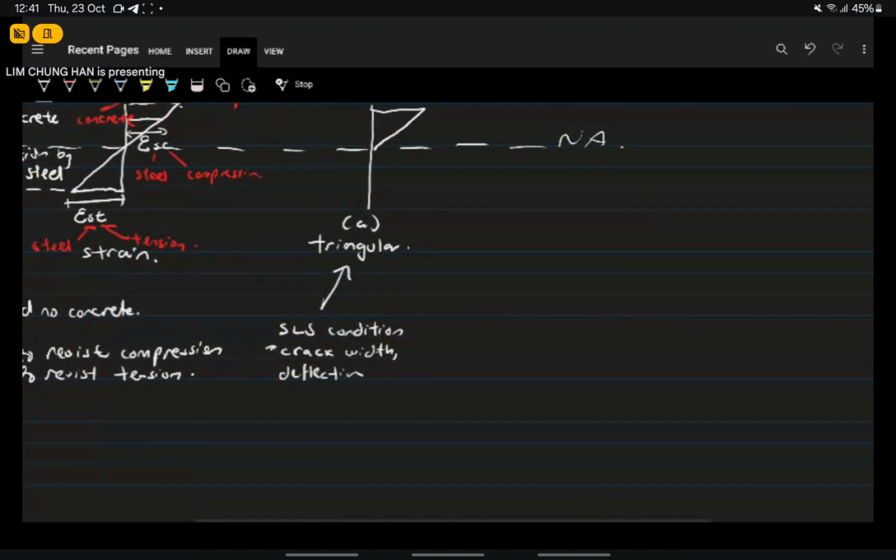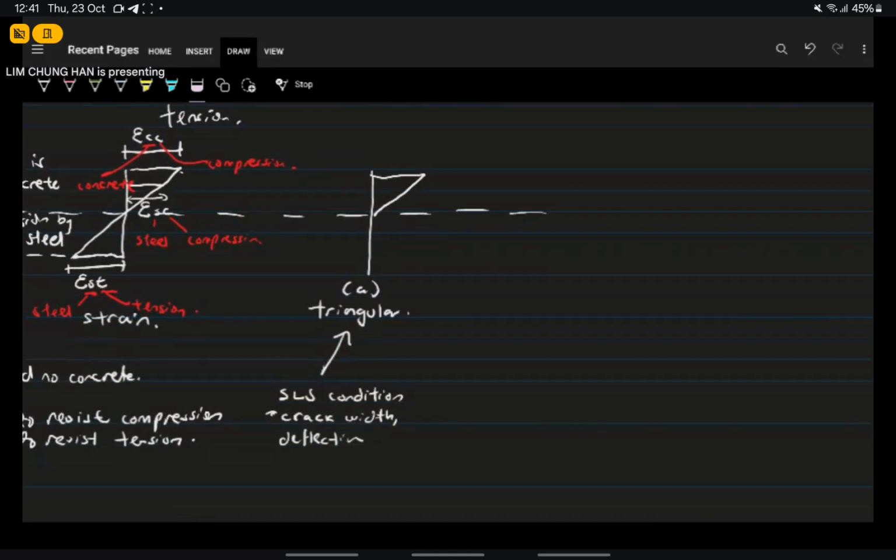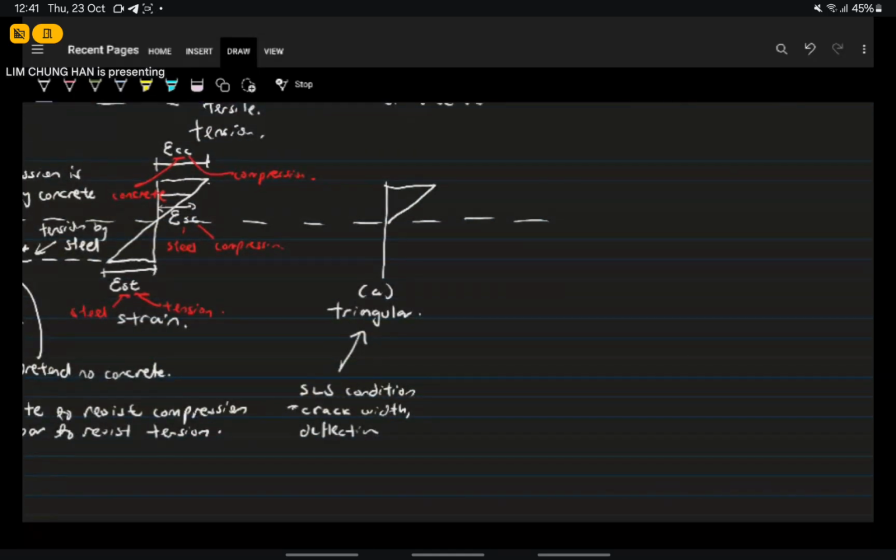Okay, however, when you're doing reinforcement design, you're actually supposed to use this one. This is parabolic. So this diagram is called the rectangular parabolic stress diagram.